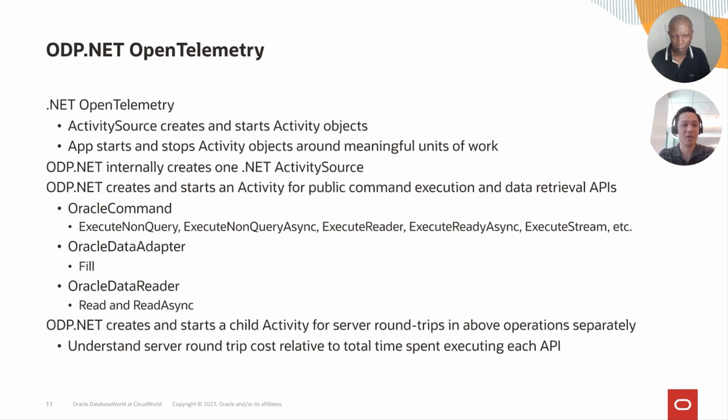And you'll see that it captures all those in common methods that we're using for those executions, things like execute reader, execute non-query, filling with a data adapter, reading with an Oracle data reader. So nothing unusual. This is very typical for ADO.NET, and you'll see that with ODP.NET itself.